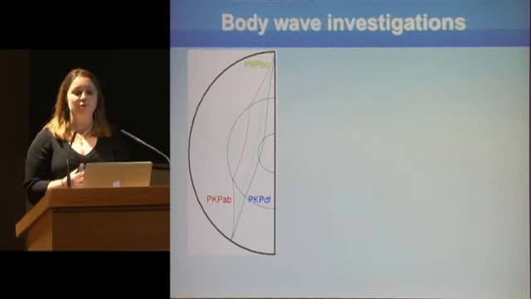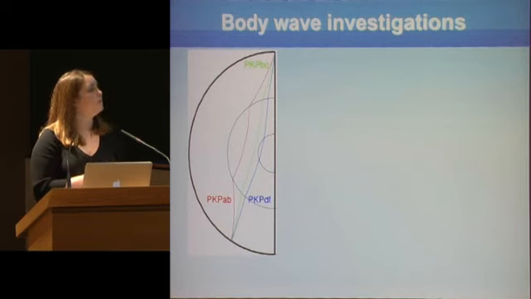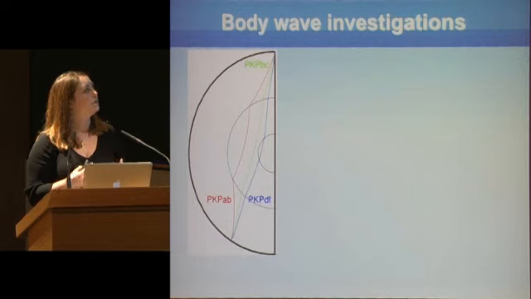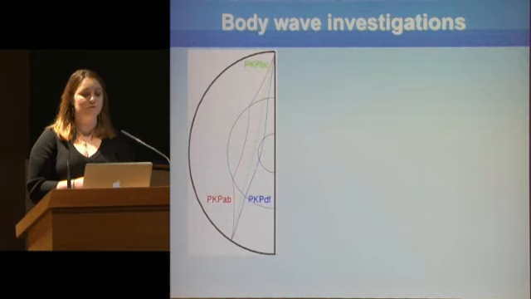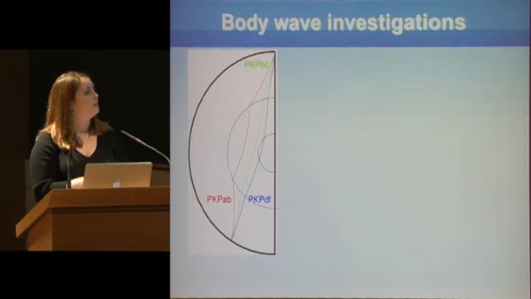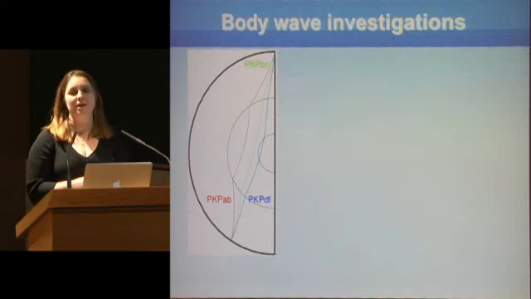We can look at the difference between the arrival times of the PKP-DF and the PKP-BC, which should tell us just about structure in the deep earth. Or we could use PKP-DF and PKP-AB, and that will also tell us about structure in the earth.